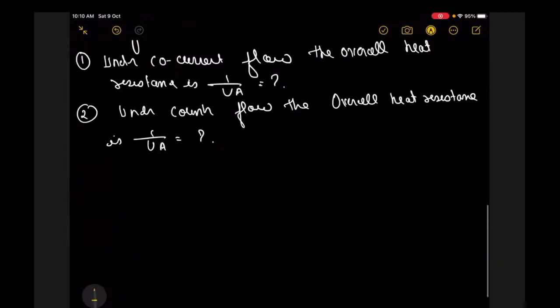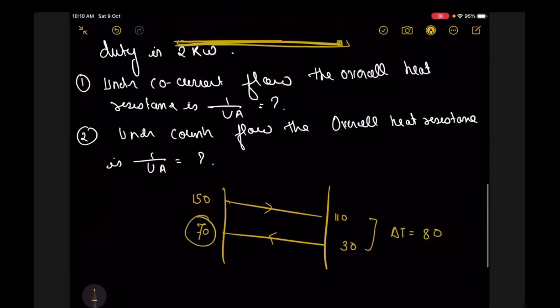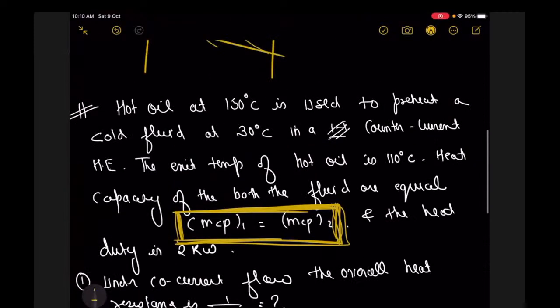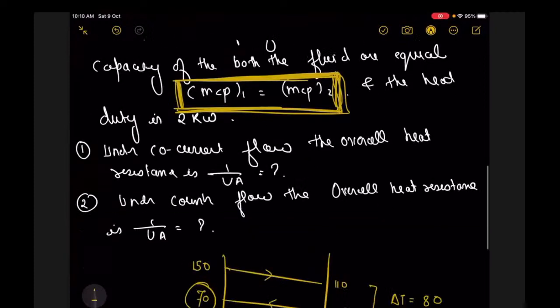Okay. So how you will solve? This fluid is moving from 150 to 110, and this one is moving from 30 to 70. So here delta T is 80. Here 70, how I have calculated? See here it is going from 150 to 110. Exit of cold is not given, but what they have given is MCP1 is MCP2.